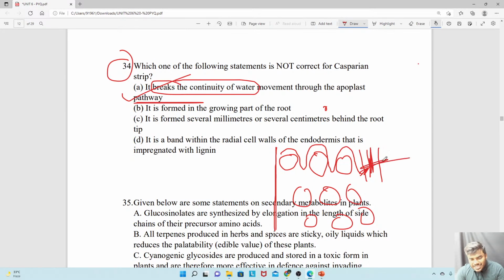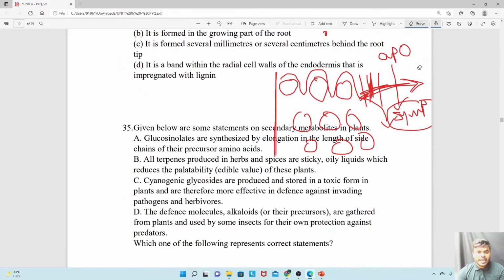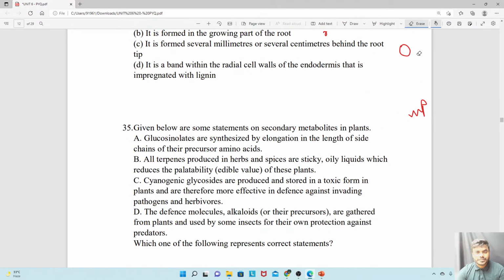Whatever the water, it has to move like this. Look at the arrow I am showing. Water has to move like this, but it starts moving down because it is entering into the symplastic pathway. We discussed very clearly: the Casparian strip converts apoplastic into symplastic. So it breaks the movement of water. Absolutely right statement. They did not ask which is correct, they asked which is not correct. I hope you understand correctly. Let me know if you did not understand. I will re-explain in another way. Got it? Okay, good.